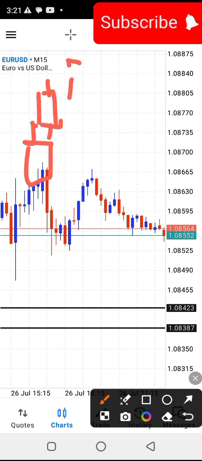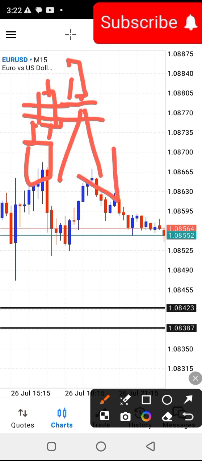This is a bearish fair value gap because the wick of the first candle does not intersect with the wick of the third candle. Now you have a bearish fair value gap.